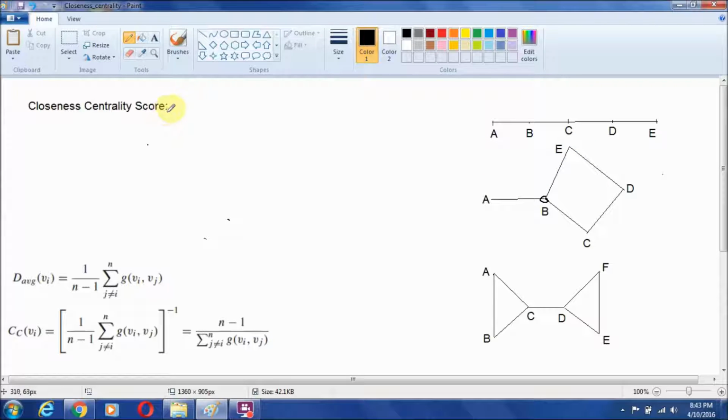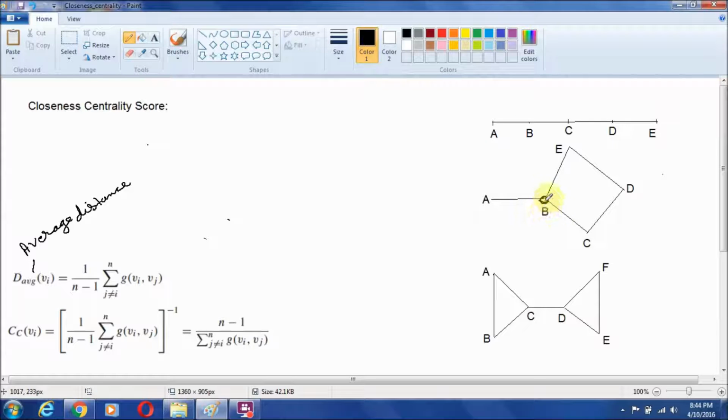To understand the notion of closeness centrality score, first we will go through the concept of average distance. The average distance of any node Vi is equal to the distance of the node.